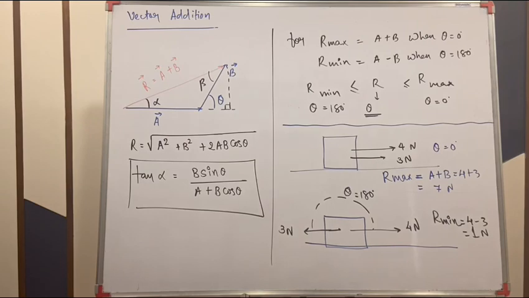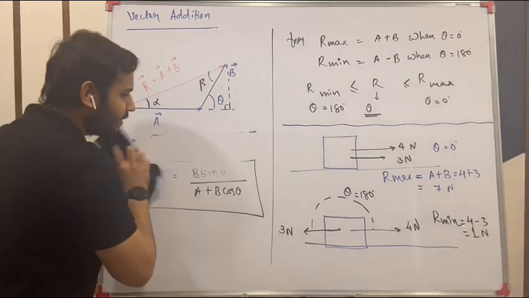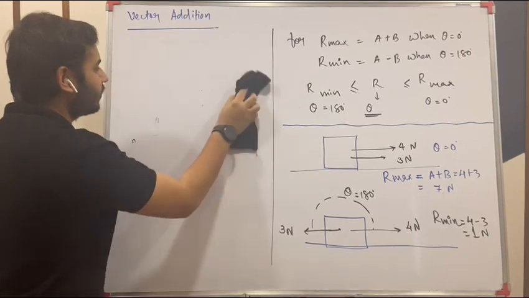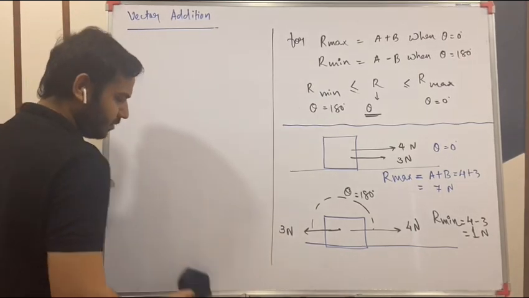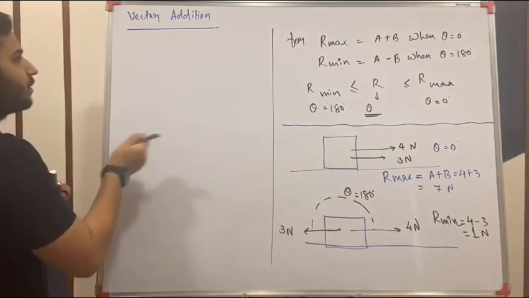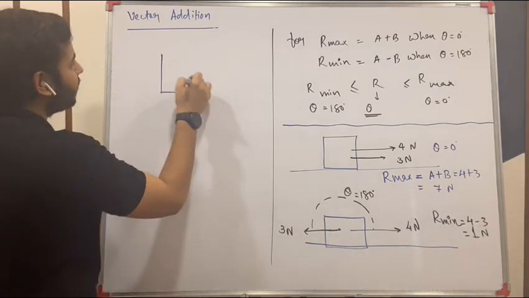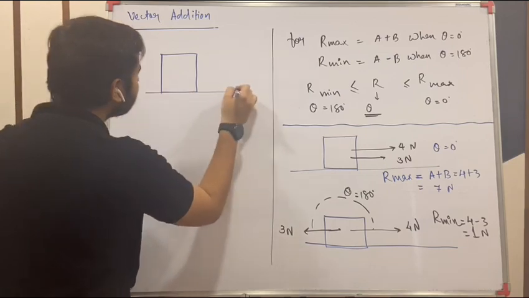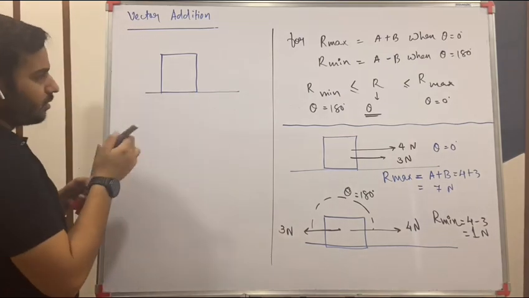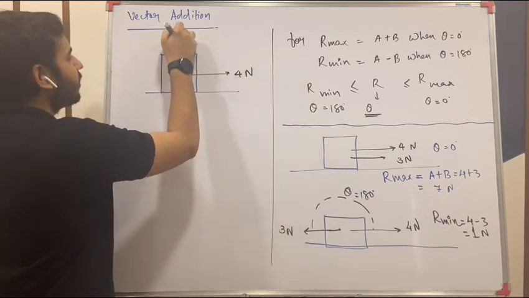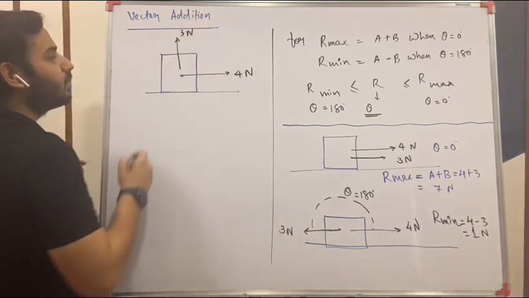Now what if theta is 90? For the same case, the forces are like this: 4 Newton and 3 Newton.